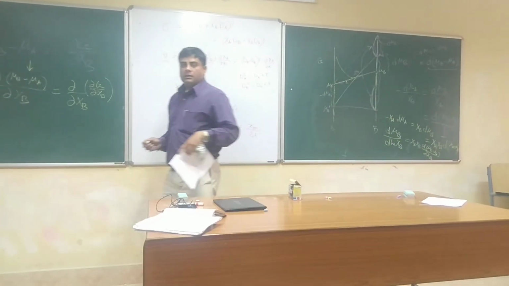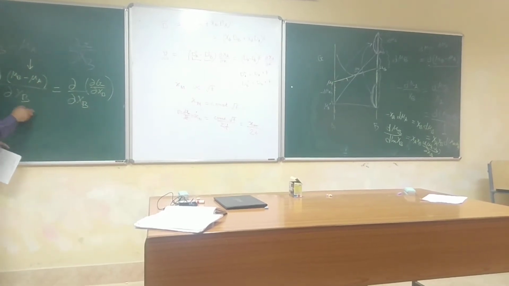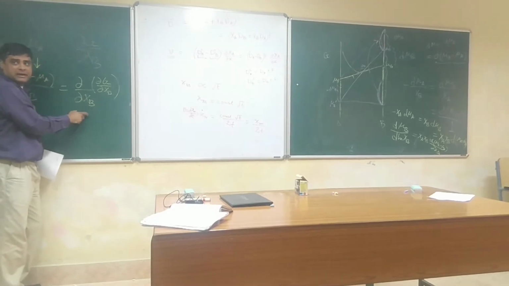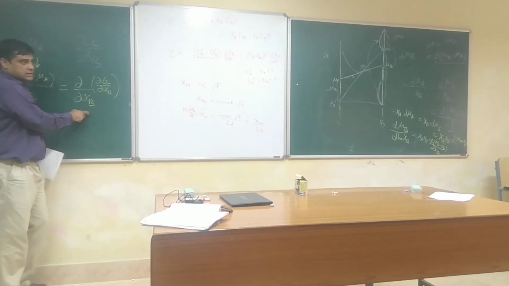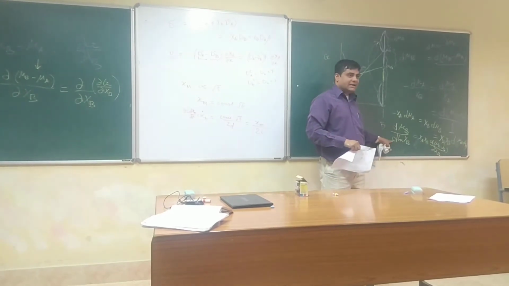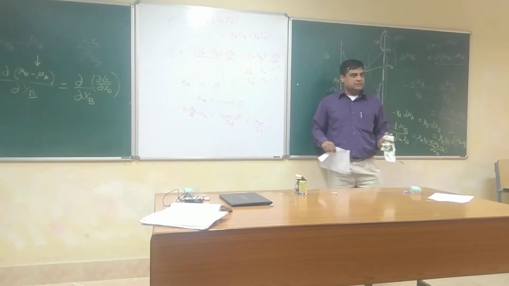Fine. What is the right hand side? D of mu b minus mu a over dxb is nothing but the double derivative of Gibbs free energy with respect to xb. That is the curvature. So your d mu b over d ln xb is nothing but xa xb multiplied by the curvature.